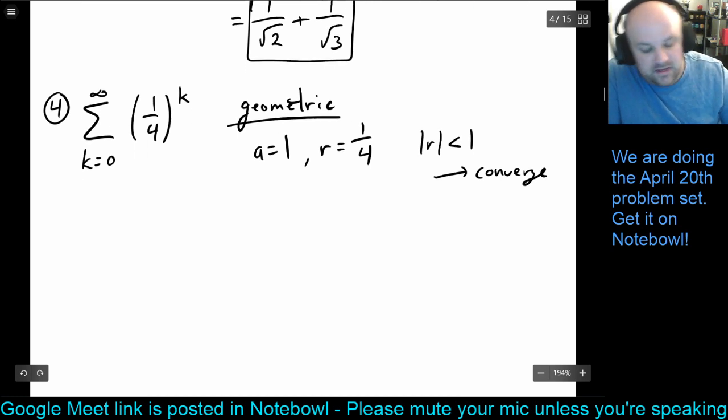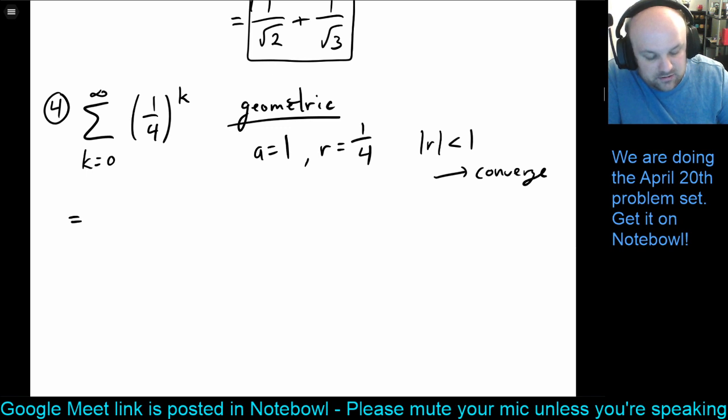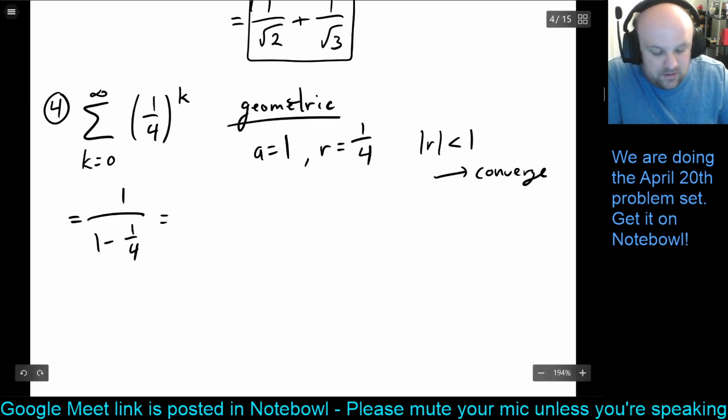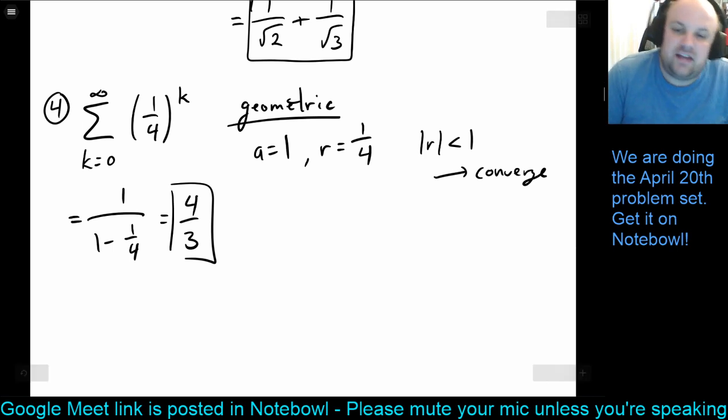And to see what it converges to, well, it's a over 1 minus r, so that's 1 over 1 minus 1/4. And as you'll find out, this ends up being 4/3. So that series there adds up to 4/3. Any questions there?